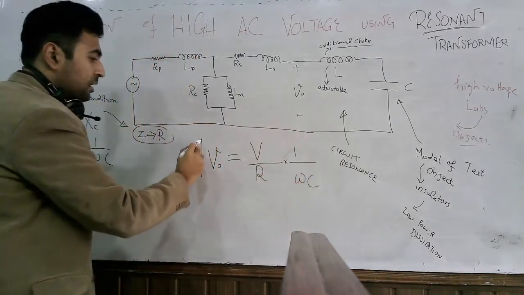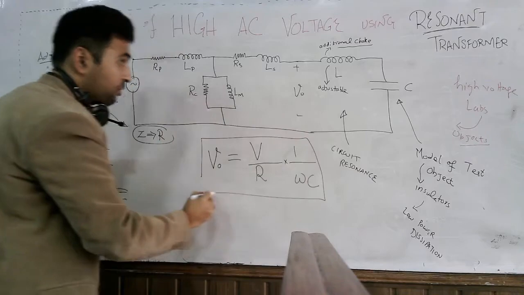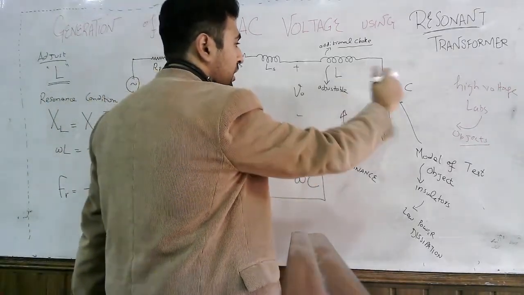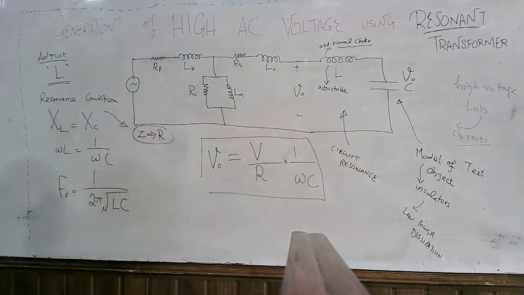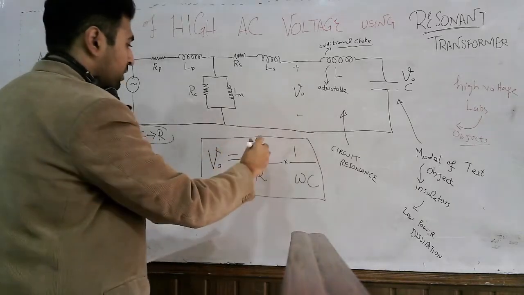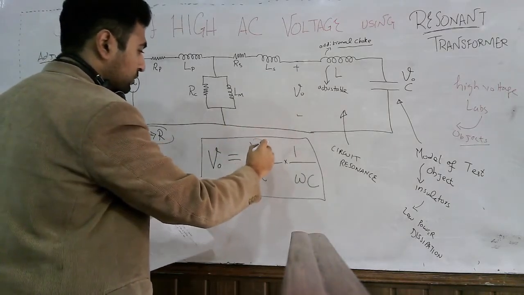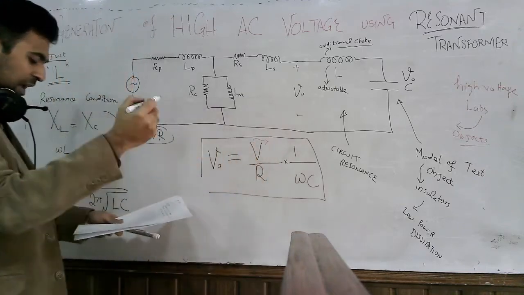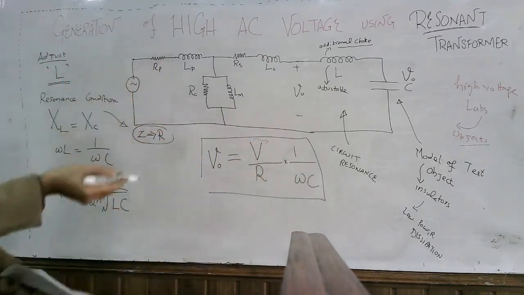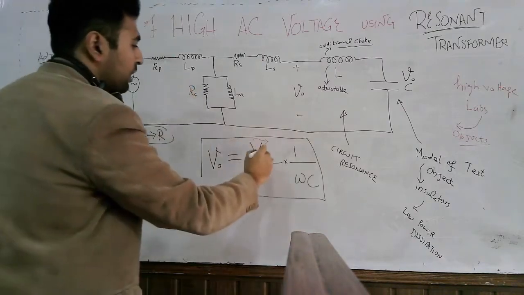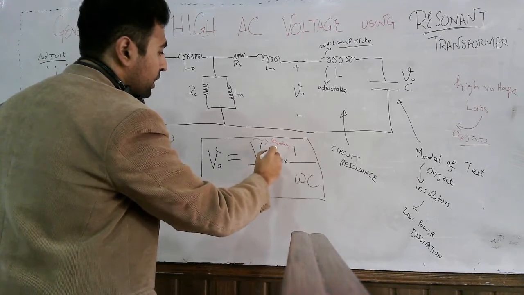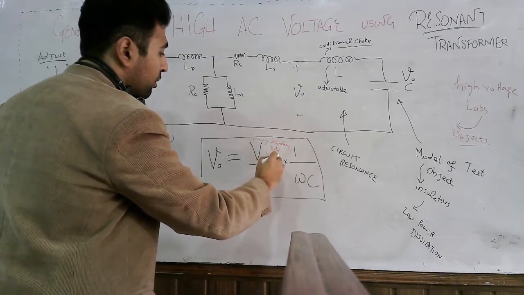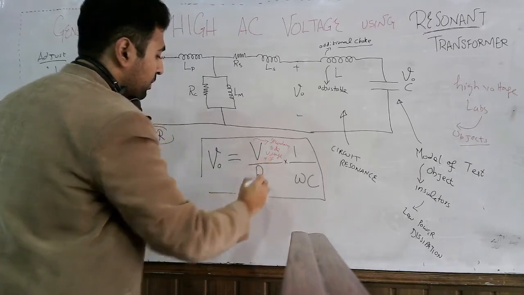This is the output voltage, the voltage which will be experienced across this test object. Now what is V? V is actually the voltage here, the secondary side voltage of the transformer.